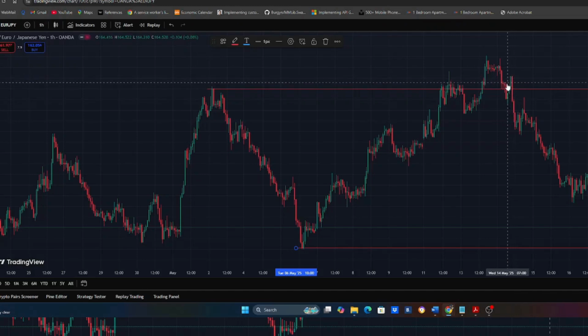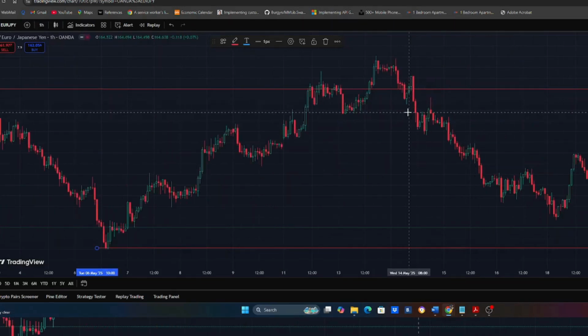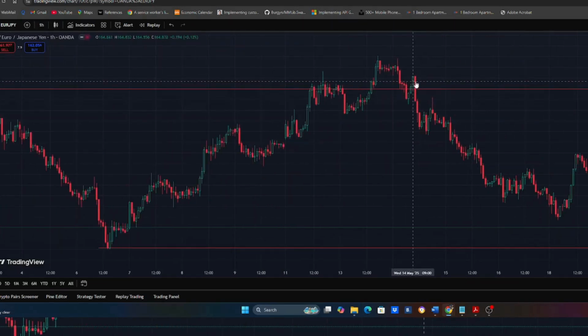If you look at these two candles, which one is bigger, which one is smaller? Let me zoom in. Which one is big, which one is small? Obviously the red one. That means that these two candles were fighting and then this one won the fight.